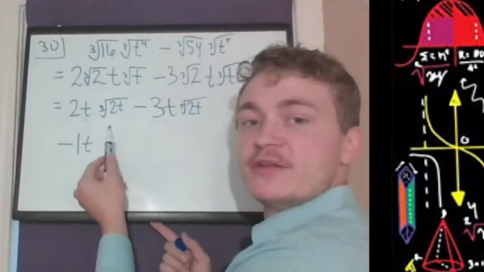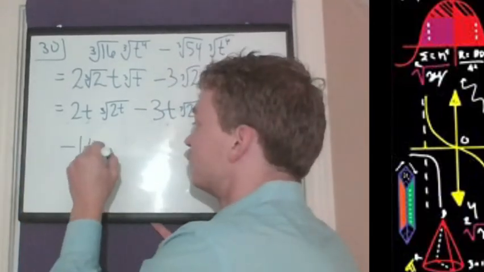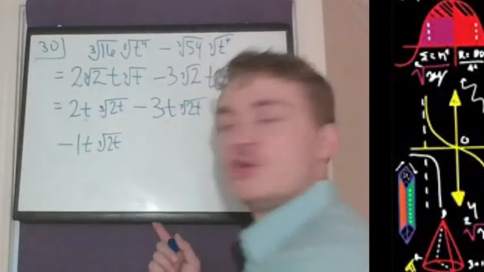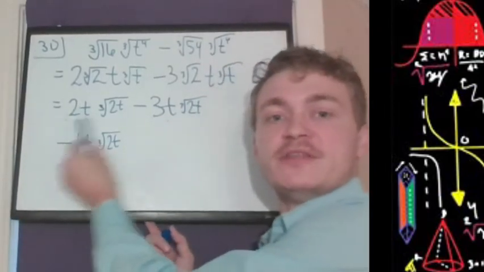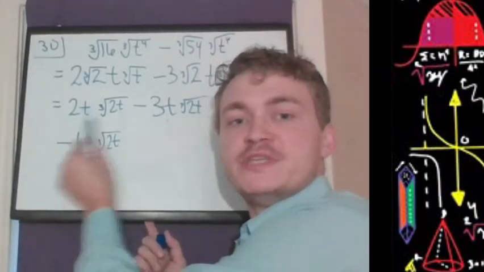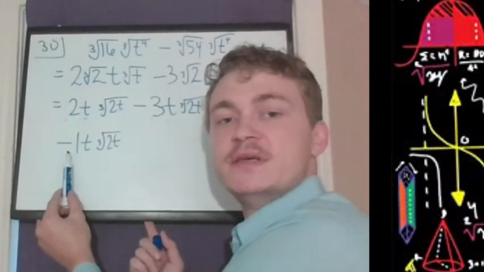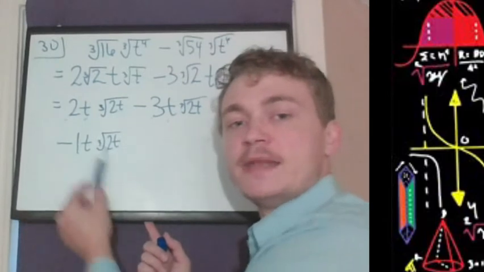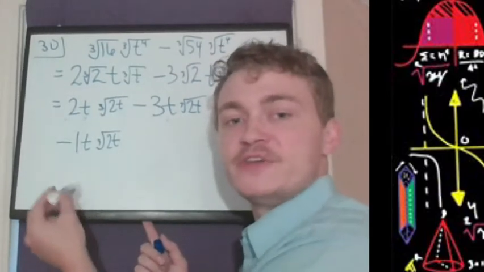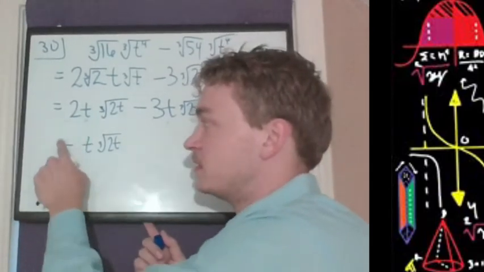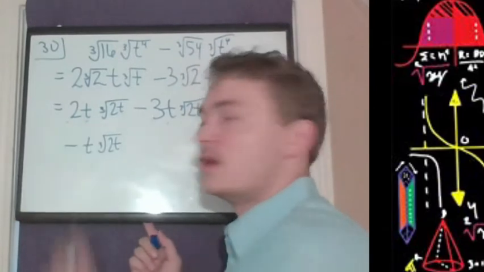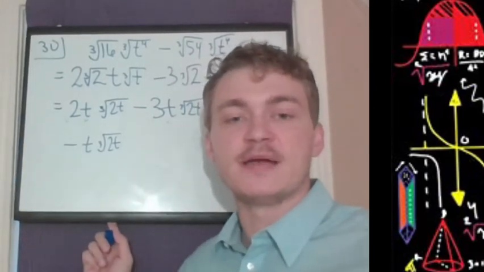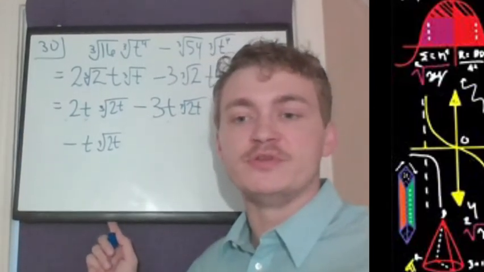However, we are multiplying that by the radical expression, cube root of 2t. So notice how these two terms combine down to 1 because 2t minus 3t is minus 1t, multiplied by our common factor of cube root of 2t. Normally we don't write the minus 1 coefficient, so we would just leave this as minus t times the cube root of 2t.